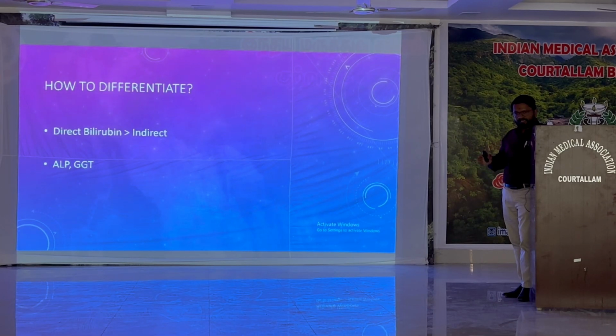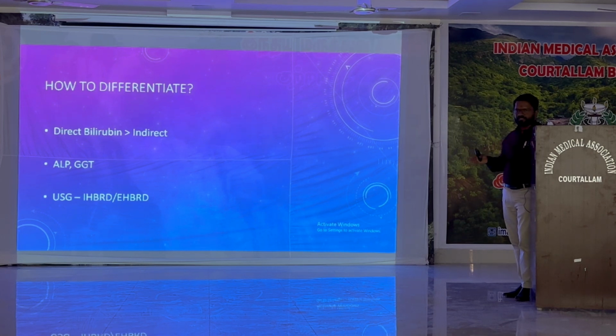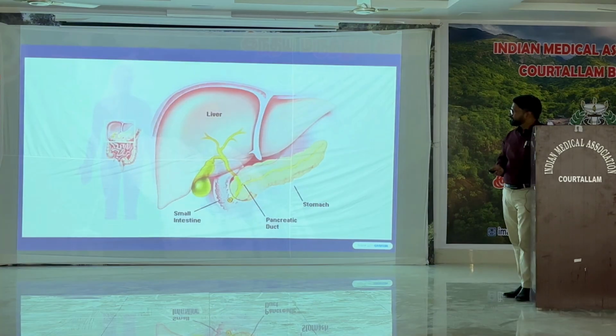If it is at the ductal level, then alkaline phosphatase and GGT will get elevated and an ultrasound will show dilated intrahepatic plus or minus extrahepatic bile ducts. So any patient with obstructive jaundice with an elevated bilirubin, the first step will be to get an ultrasound to see if there is IHBRD or EHBRD.